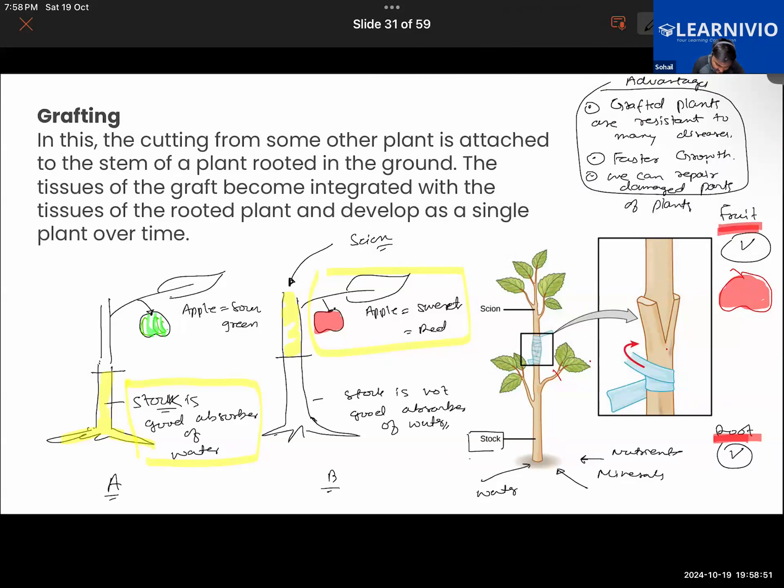So after this, we have some examples. We have mango, apple. In the flowering plants, you have the example of a rose, hibiscus. You have the example of guava also.